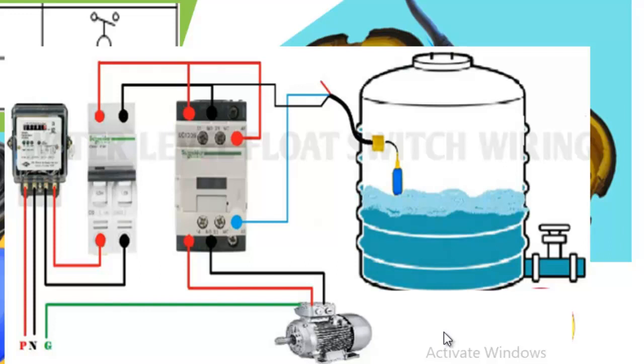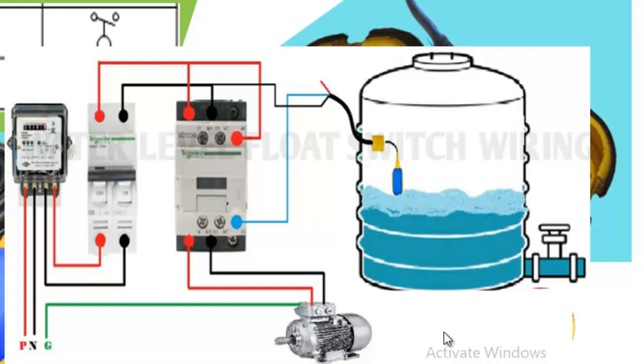When it falls to that level, you see the way the float switch is standing vertical, the ball will have dropped, and as the ball drops, it will either make or break the circuit, depending on the configuration. And then, if that happens, it depends on your configuration too. It can start or stop your pump motor.